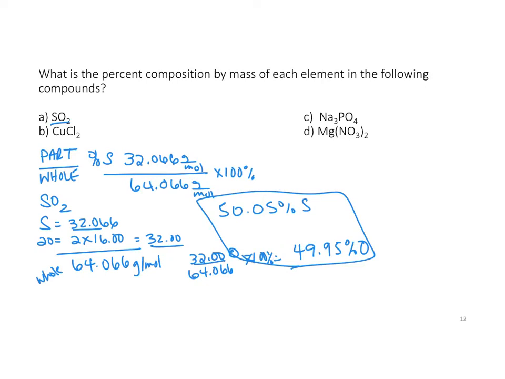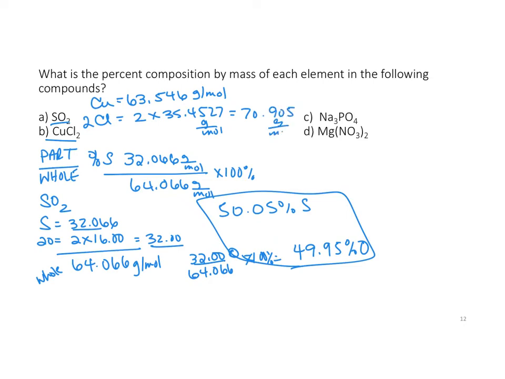Okay, let's do copper chloride. So copper on the periodic table has a formula mass of 63.546 gram per mole, and you have 2 Cl, so 2 times 35.4527 grams per mole. And we'll go ahead and figure that out. 2 times 35.4527 is 70.905 grams per mole that belong to the chloride.